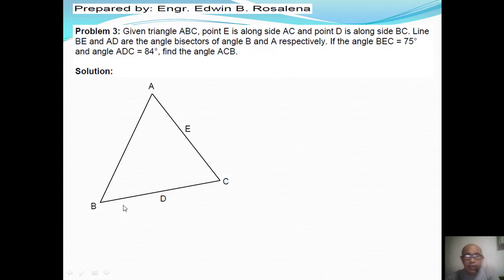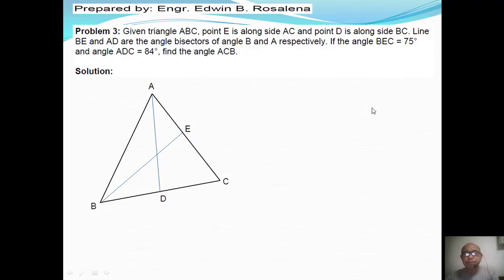So meaning, line BE is an angle bisector of B. And line AD is an angle bisector of angle A. Then, if the angle BEC, where is BEC? This angle is equal to 75, and angle ADC is equal to 84. Find angle ACB.